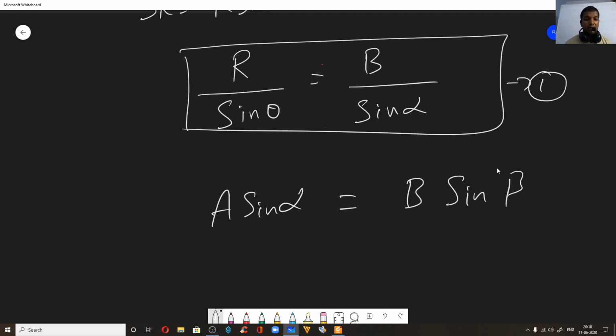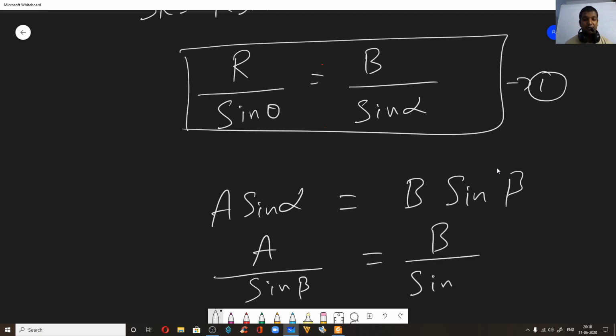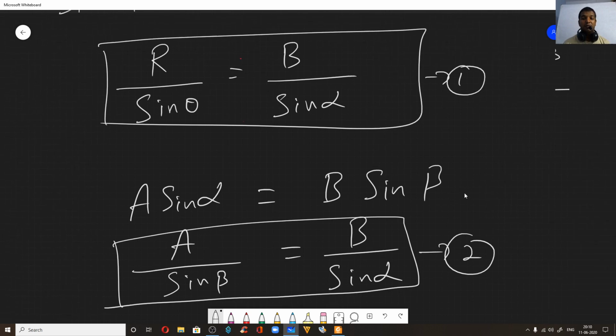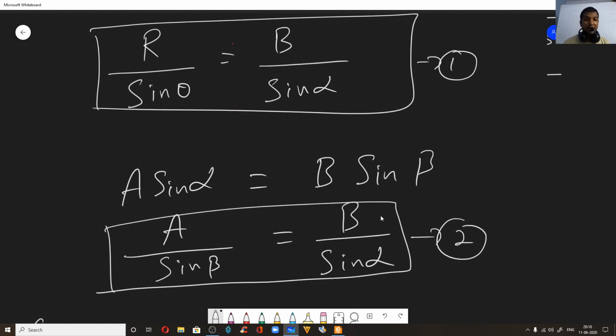Now you can write A divided by sine beta is equal to B divided by sine alpha. Call it equation 2. Now from equations 1 and 2, if you observe the RHS in both, you have B by sine alpha present.